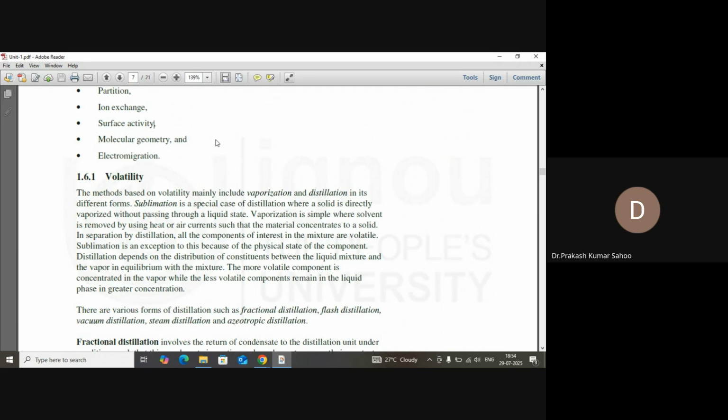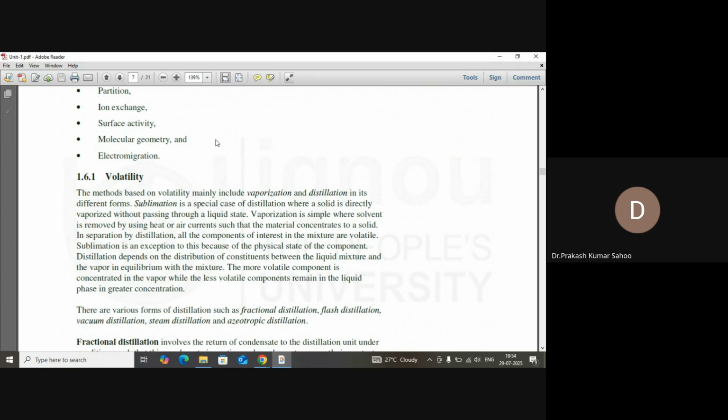Then electromigration, which is like electrophoresis. There will be a cathode and an anode, and the electrolyte having different components in ionic form migrates towards the opposite end. Positive charge migrates towards the cathode and negative charge migrates towards the anode.